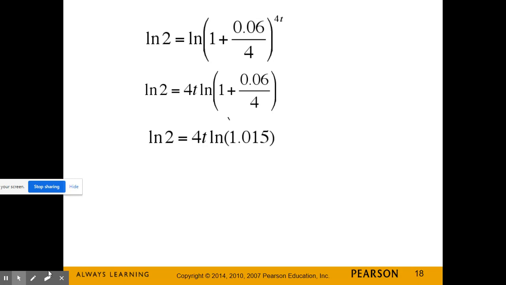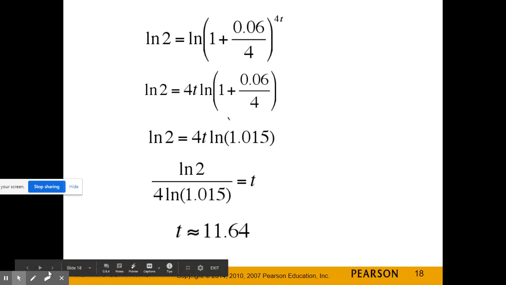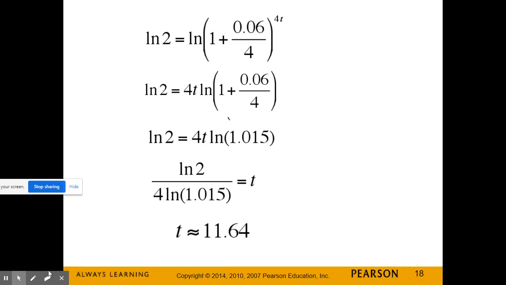Actually calculate what's on the inside there, which is 1.015. Divide that from both sides, and you get that t is approximately 11.64. So compounded quarterly at 6%, it would take a little over 11 and a half years to double your money.